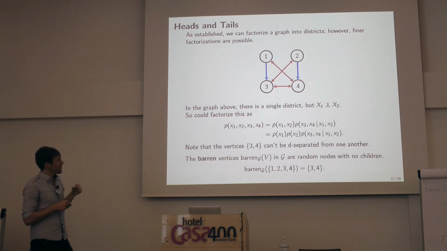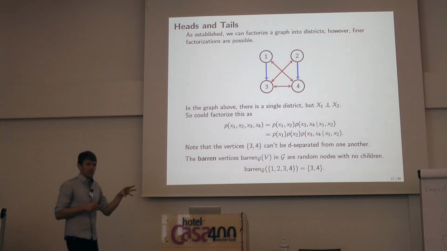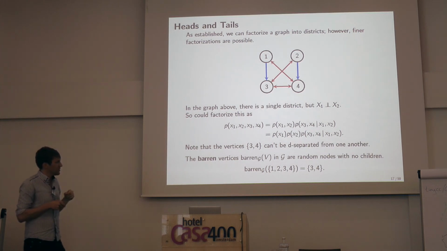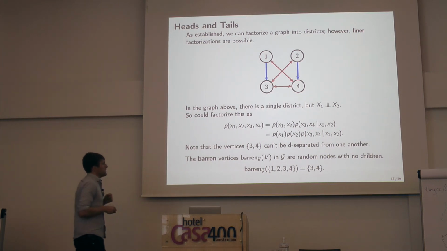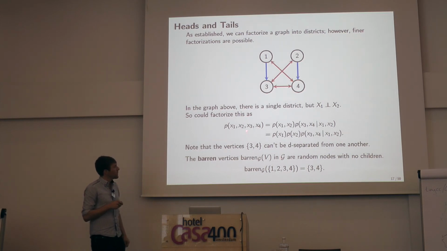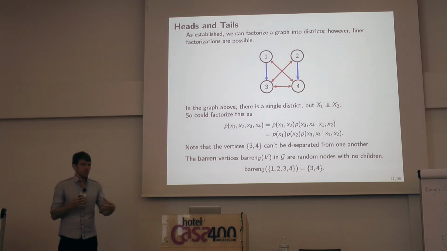Vertices 3 and 4 can never be d-separated from one another, so this piece that I'm taking here is as fine as it's going to get in this graph. So I may as well use this. This is the best I can do in this particular case. And in general, we're going to find that if you have a graph of one district, then all of the vertices which have no children, which I'm going to call the barren vertices, will not be able to be d-separated from one another in that graph.